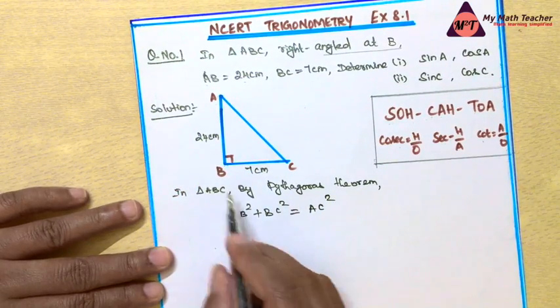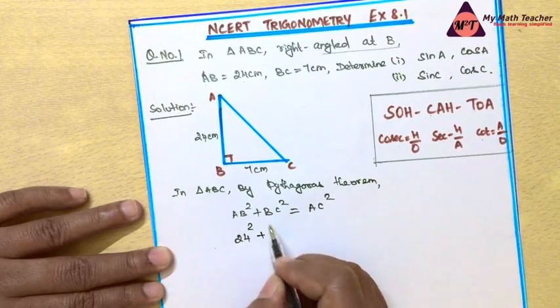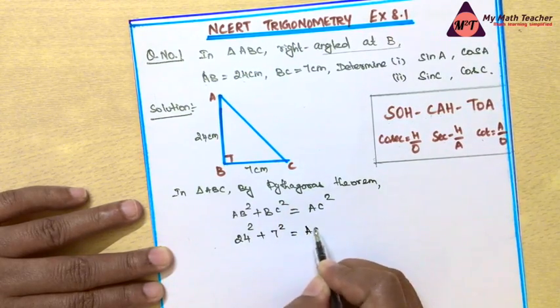Now here AB is 24, so we have to square it, 24 square, plus BC is 7, again square it, which is equal to AC square.